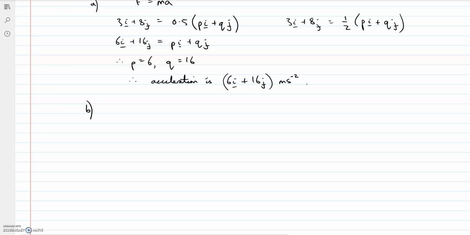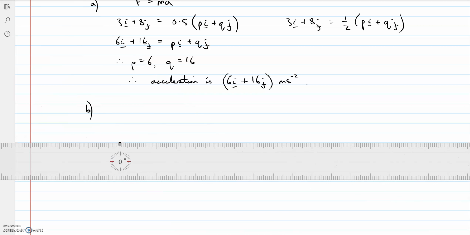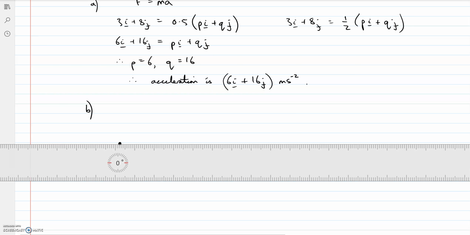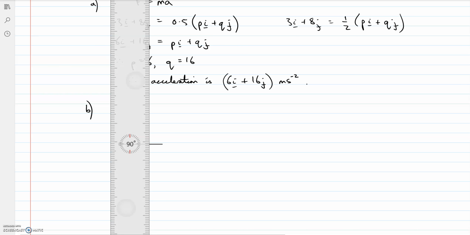So the acceleration, this particle is starting here, it's going 6i, so that's 6 to the right. Use the ruler just to neaten it up. So it's going to go 6 units to the right, 6i, 16 up, this isn't to scale.